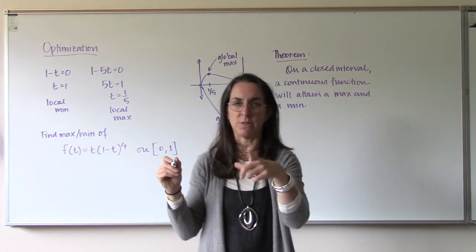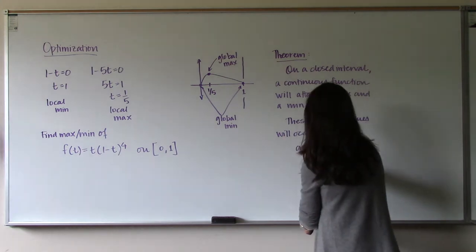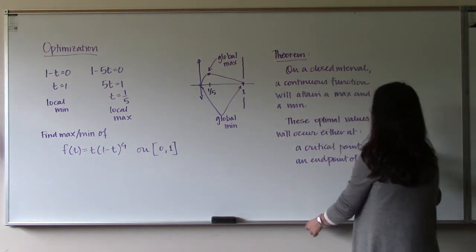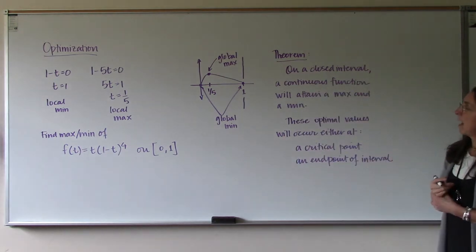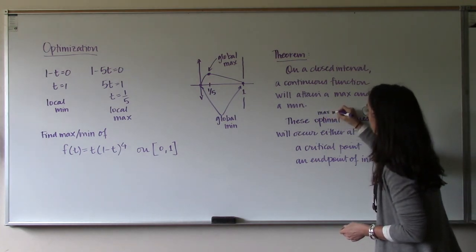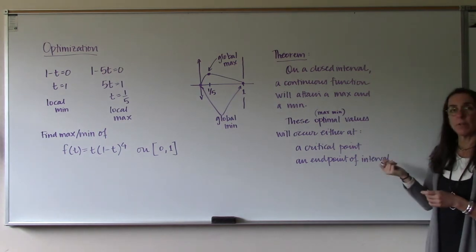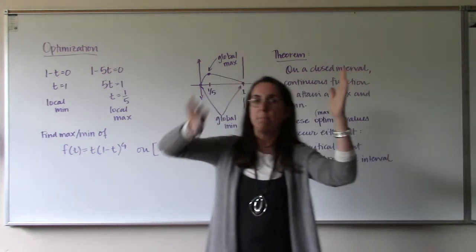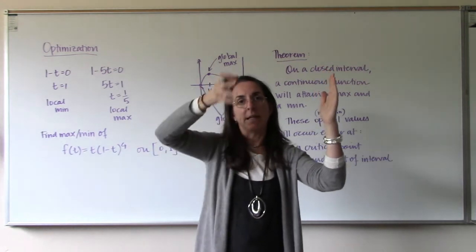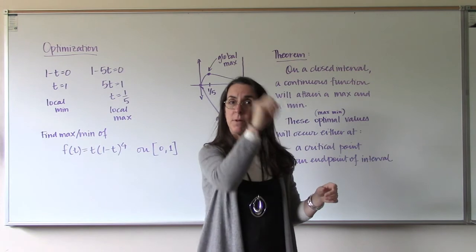And where could those points occur? These optimal values, and by optimal here I mean max or min, will occur either at a critical point, so the bottom of a valley or the top of a hill, or, oh, I erased it, a cuspy point, right?